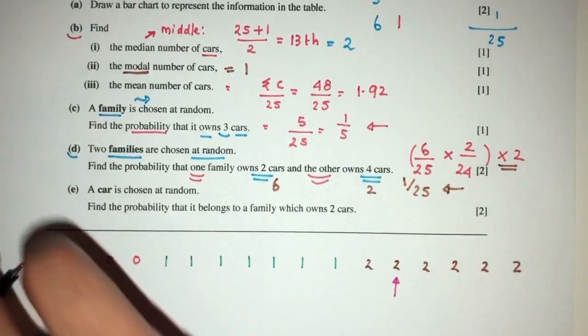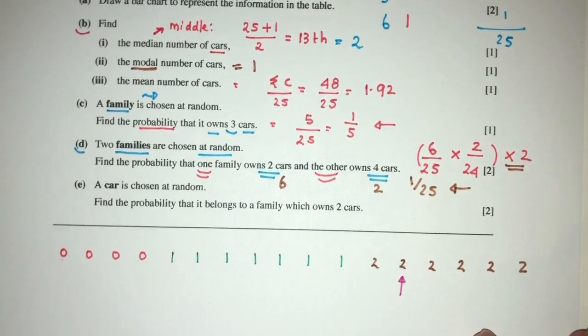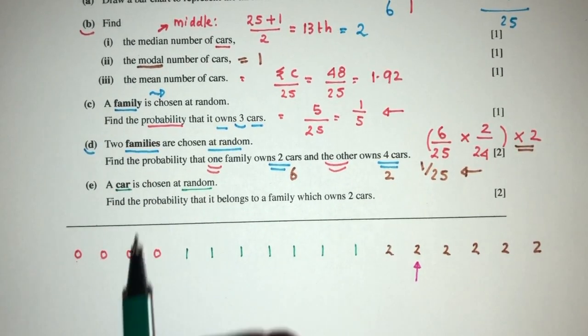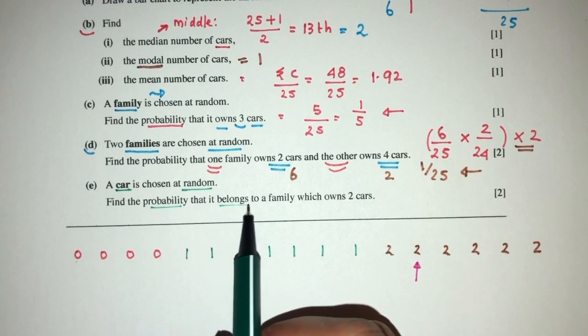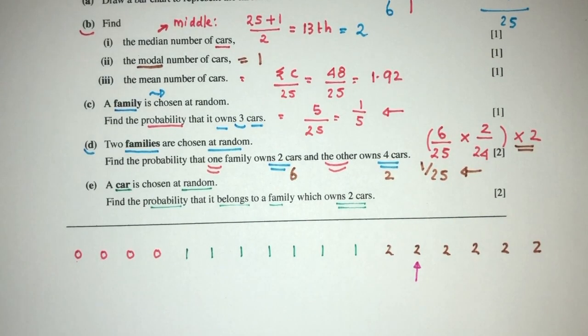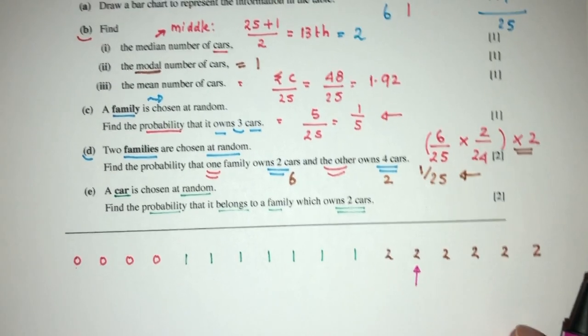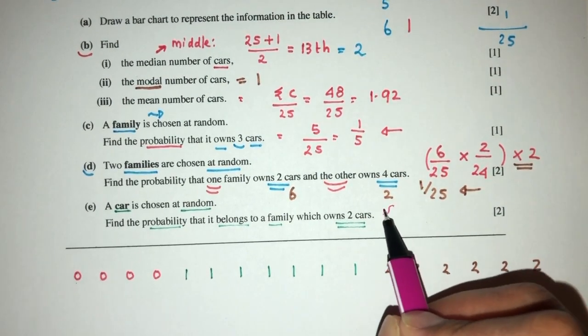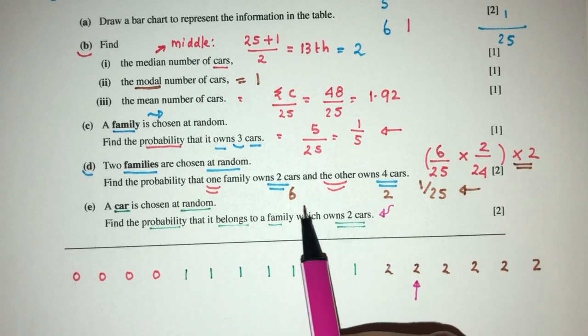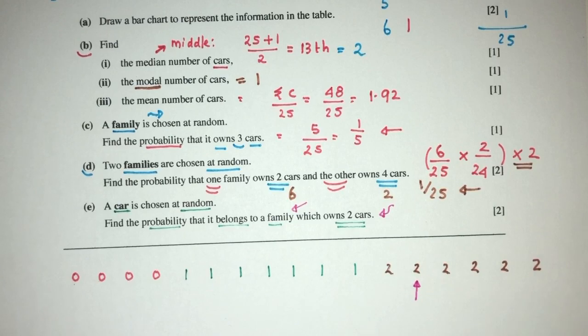Now for part E, a car is chosen at random, so we are choosing a car right now. Find the chance that it belongs to a family which owns 2 cars. Pretty easy. Let's first find out how many cars are owned by families which own 2 cars.